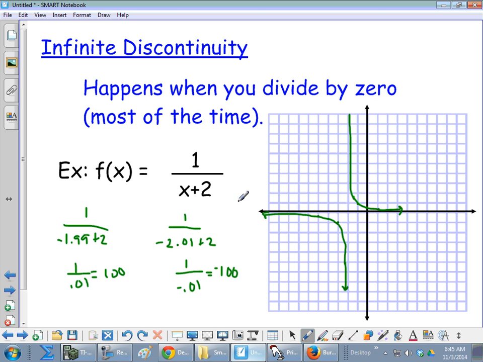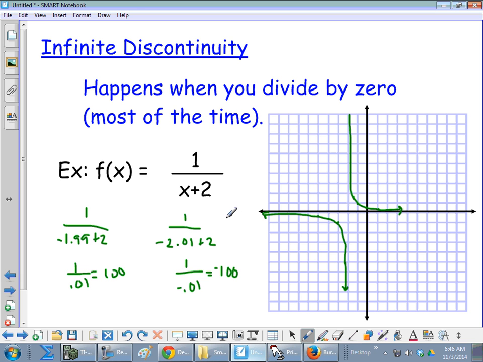The reason it hugs the x-axis is this will never, ever be 0. You will never be able to touch the x-axis. You'll never find a 0 of this function, because 1 over something will always give you a number unless it's 1 over 0, and then it's undefined. So this fraction will never give you 0.